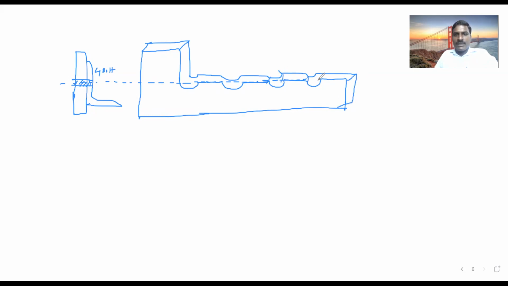म्हणजे काय झालेलं आहे? So are you getting? I have drawn this 3D view. What happened here? How will the block fail?